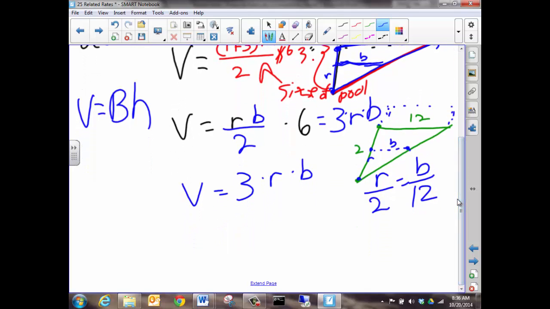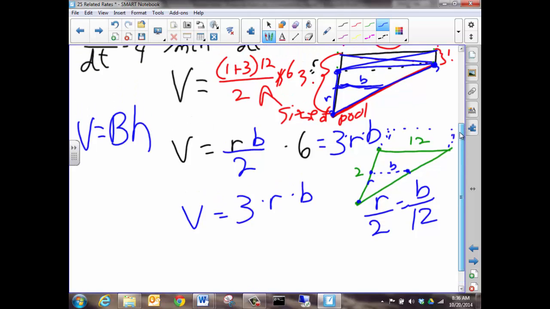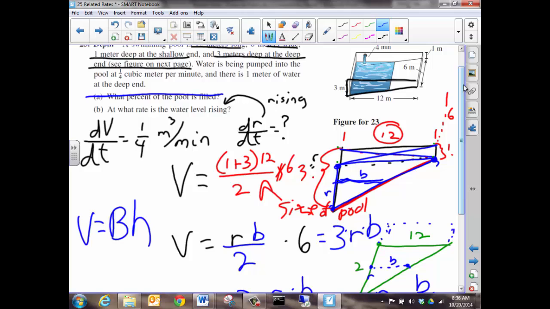Well, if we go back and think, we probably need to solve that for R or B. Because if we can solve this for R, we can get just B's over here. If we can solve it for B, we can just get R's over there. What do we want over there in that formula, R's or B's? R. Why? We know what R is, right?